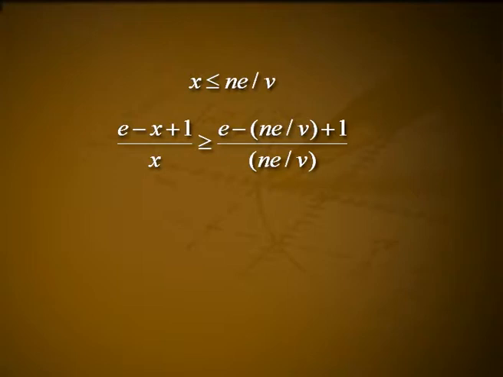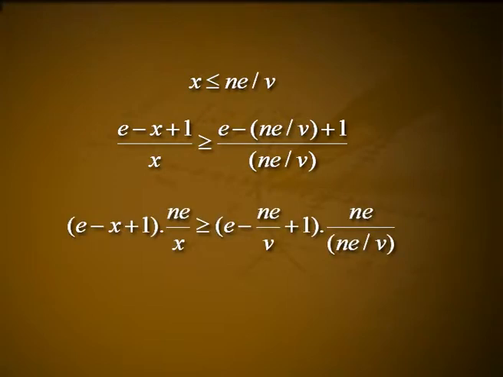It follows that (E minus x plus 1) times nE/x is greater than or equal to (E minus nE/V plus 1) times nE/V. That is, VE minus nE plus V is greater than (V minus n) times E. The result follows since (V minus n) times E is the total number of votes that can be cast by the other V minus n voters.